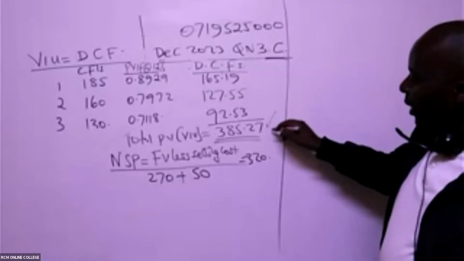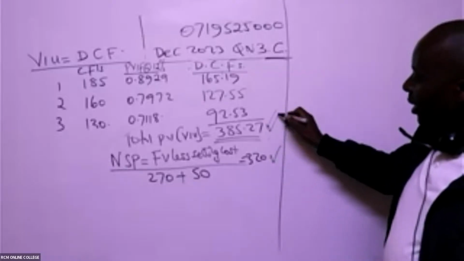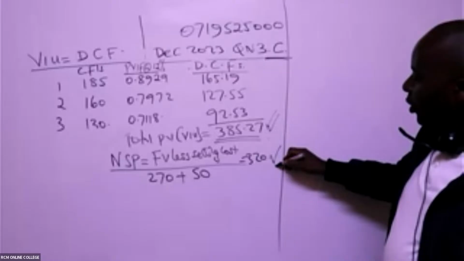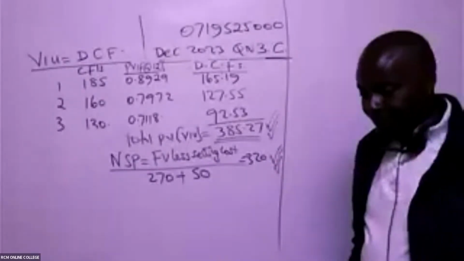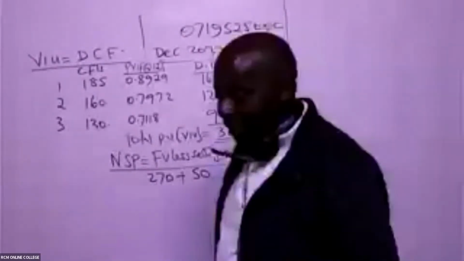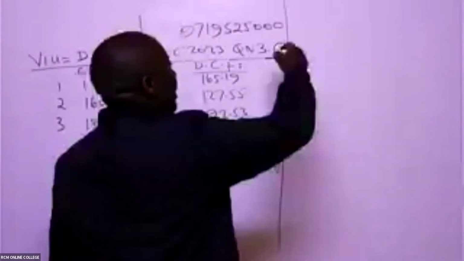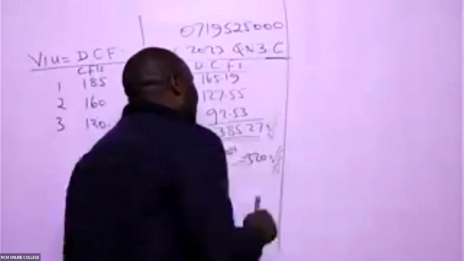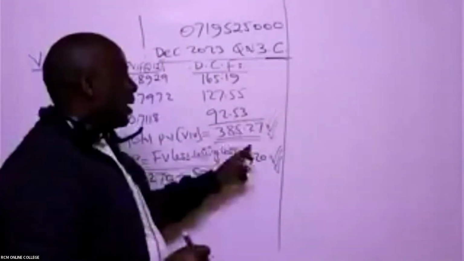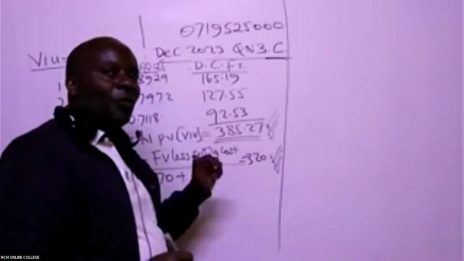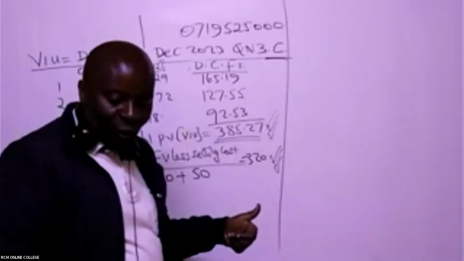So what do you think these two parameters will help Mwalimu ascertain? Great. Recoverable amount. To get the recoverable amount, you compare the two and pick the higher.